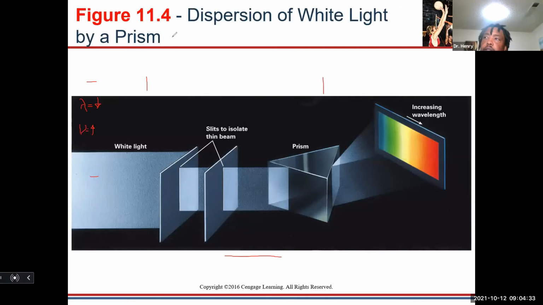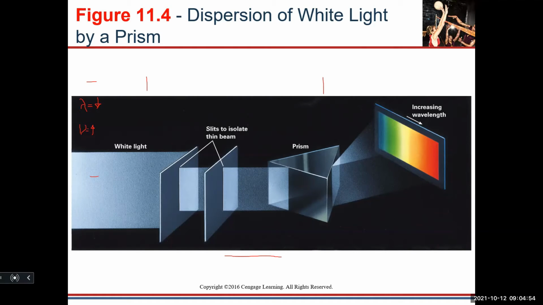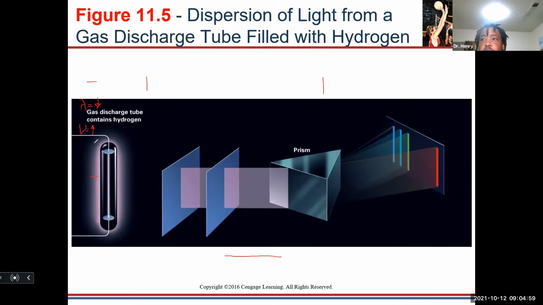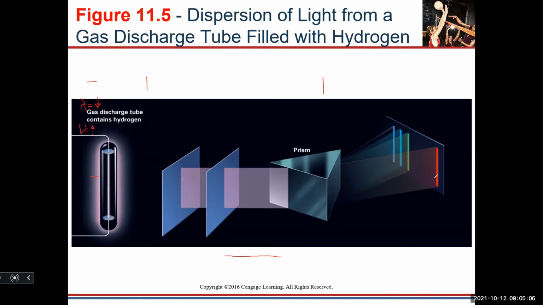So if we disperse white light using the diffraction slides, we get a nice, beautiful, continuous spectrum, right? If we disperse an element that's being excited by putting energy in, in the case of hydrogen, we get a very discrete line spectrum.